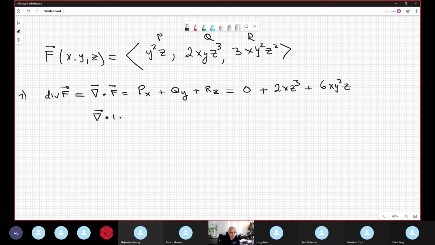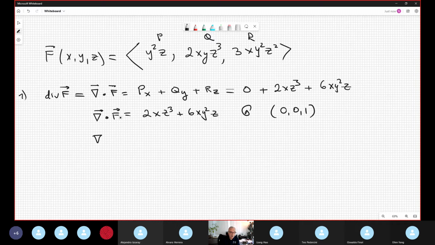The divergence of this vector field is 2xz cubed plus 6xy squared z. If you want to investigate this in detail, you go to the application in R3 and select a specific point. Suppose in the test I ask you, what is the divergence at the point 0, 0, 1?